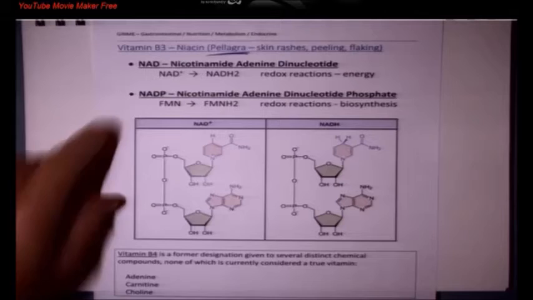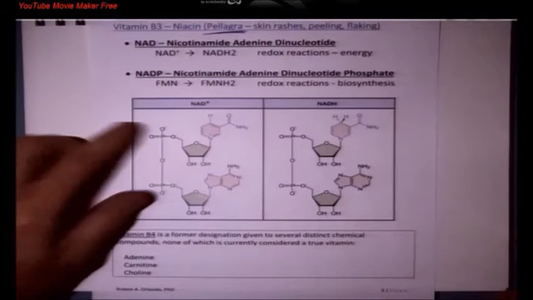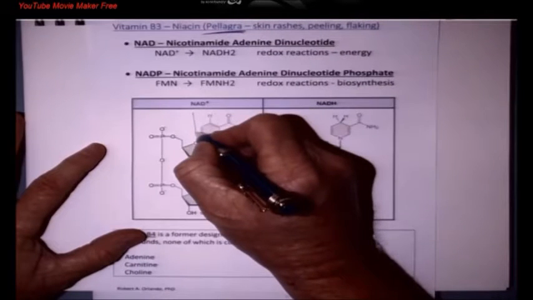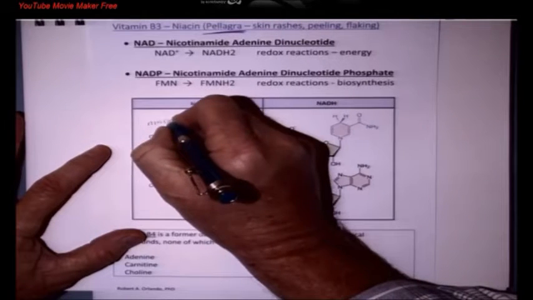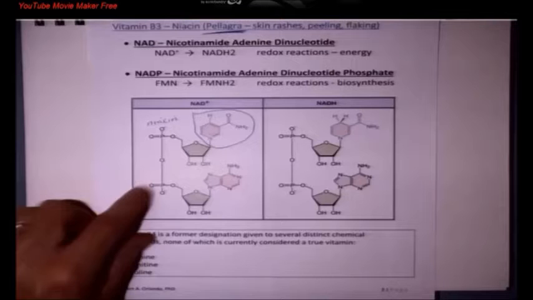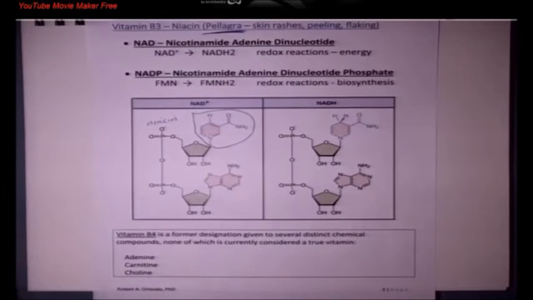So NAD levels, NADP, and here's the NAD molecule. This is from niacin. The rest of the molecule is constructed on there to give you your NAD structure. When we talked about it, NAD is energy, NADP is used for biosynthesis.